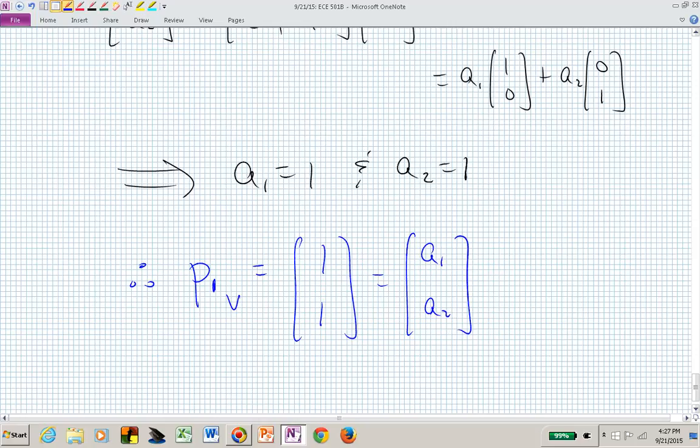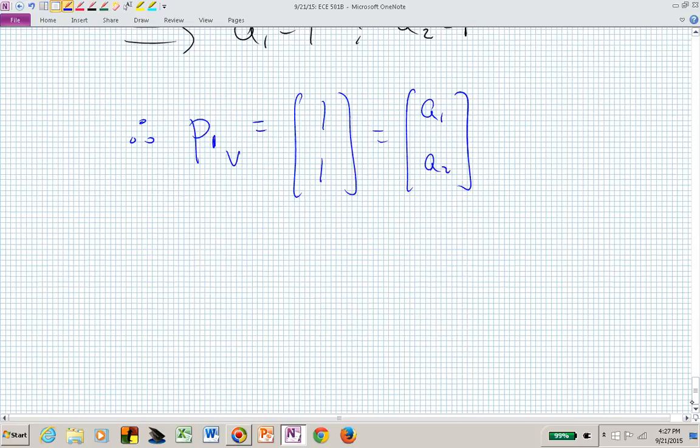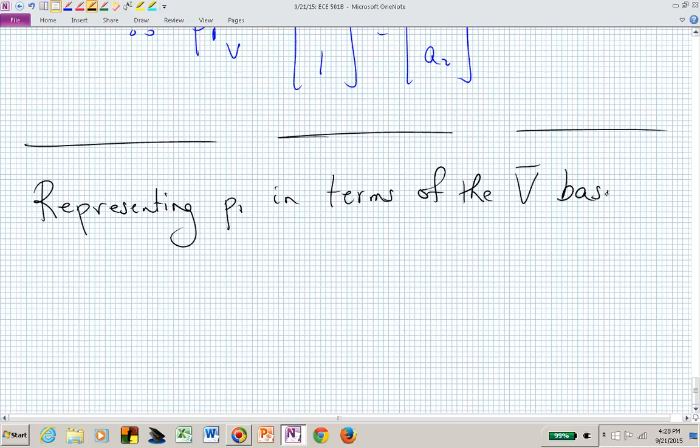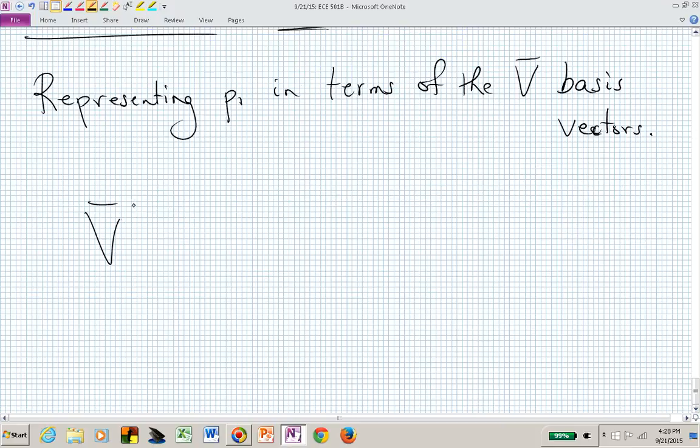Let's now represent P1 in terms of the barred basis vectors. So now we have V bar that's going to be weighted by A1 bar and A2 bar.